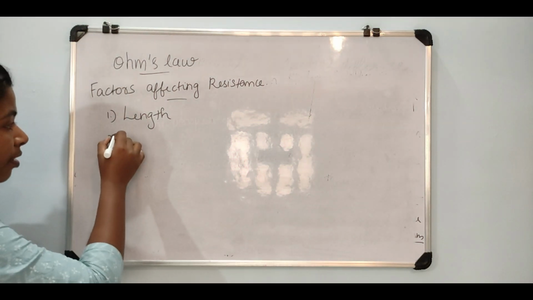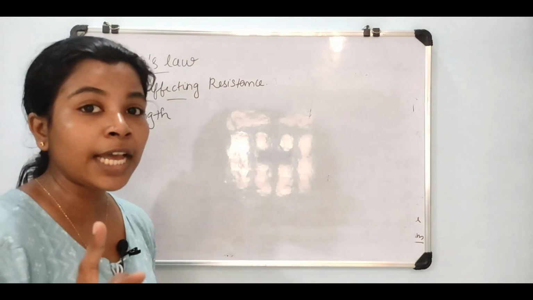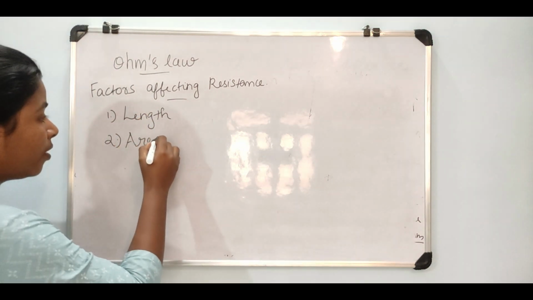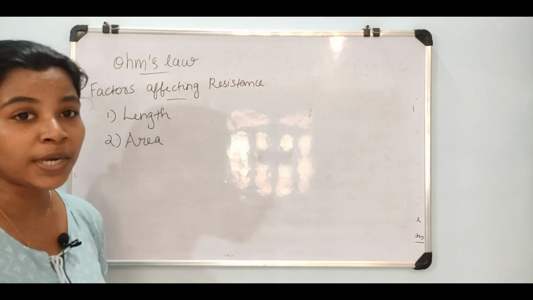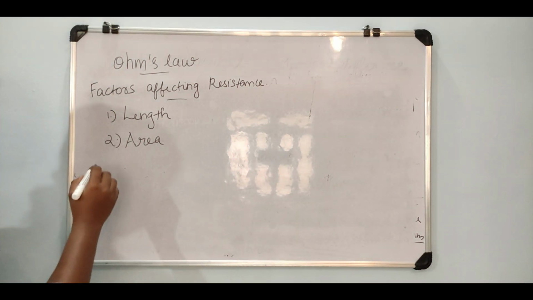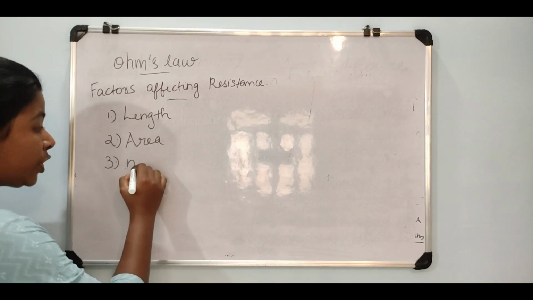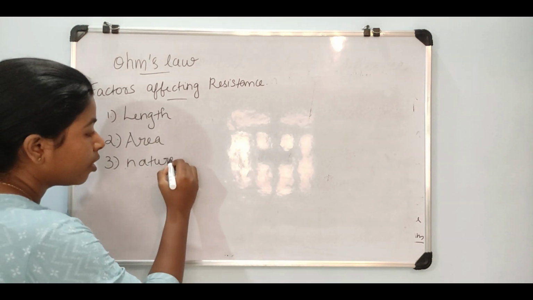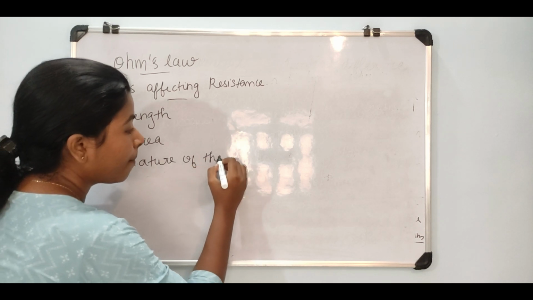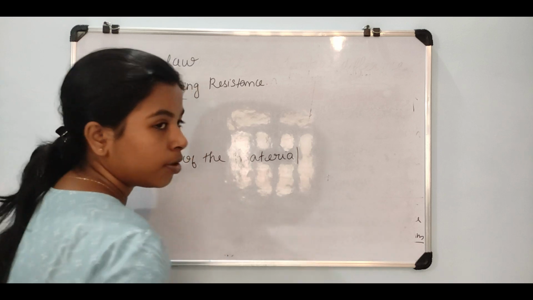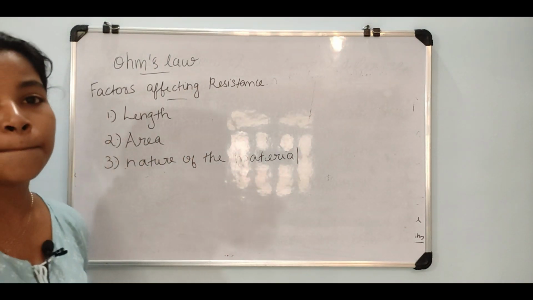The second one is the area of cross section of the material. Okay. Third one is the nature of the material of the conductor. Okay. Nature of the material.